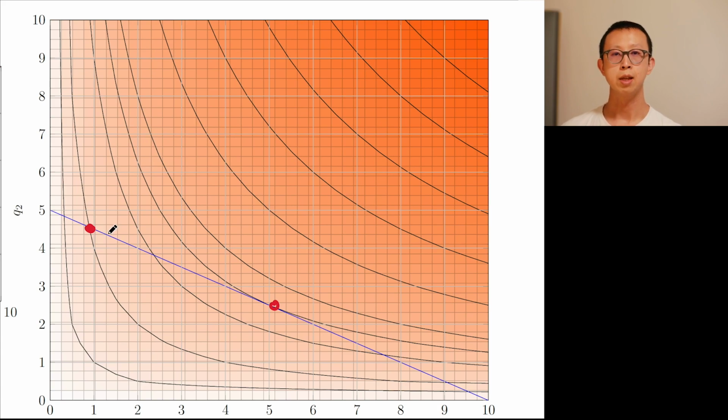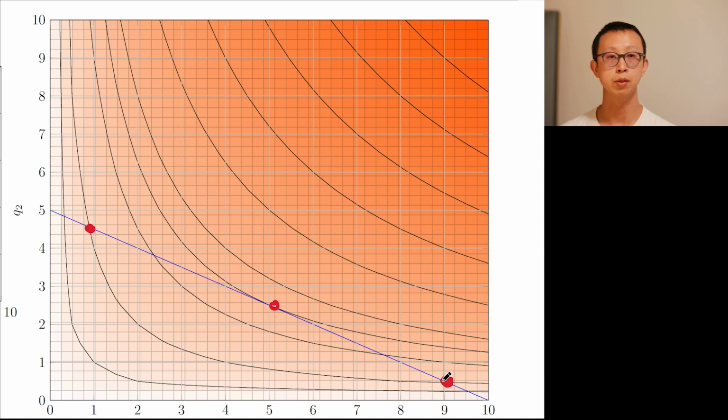You will realize that if this point sits on the indifference curve that cuts through the budget constraint twice, once here and one more time here, then we can actually improve on this point and this point.